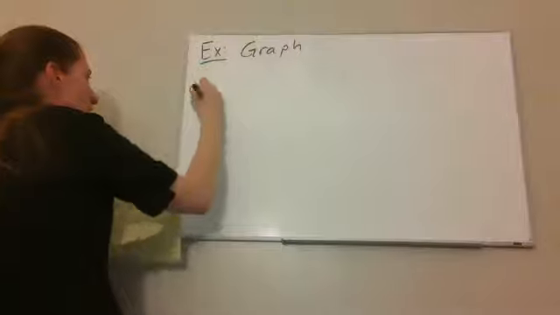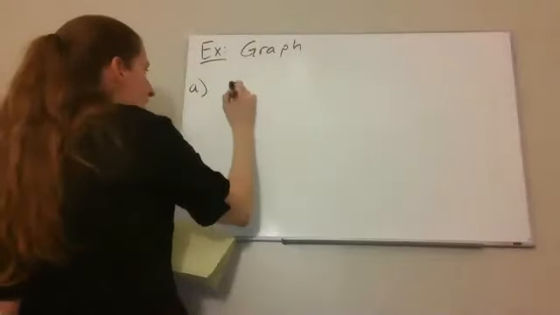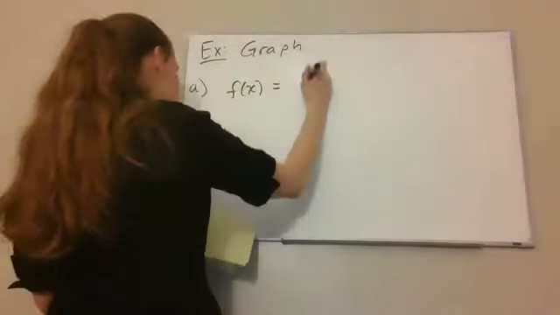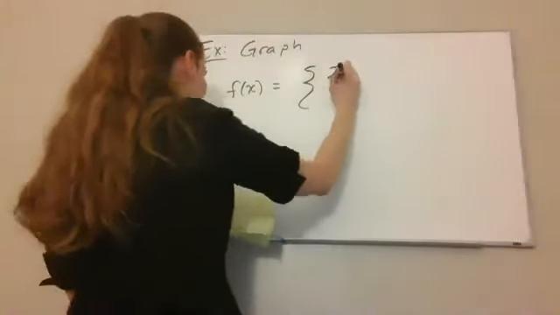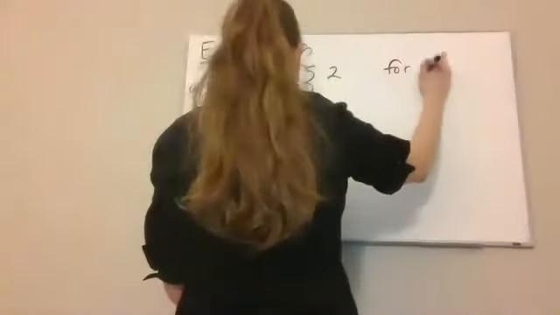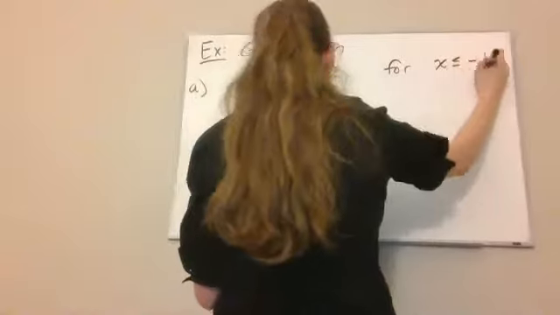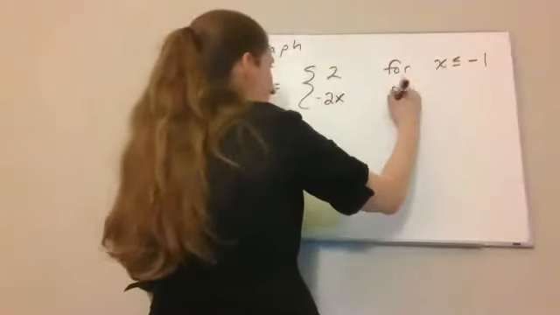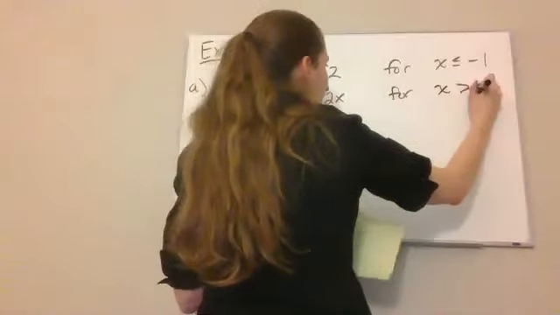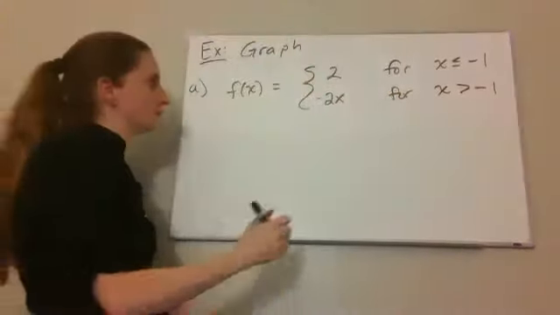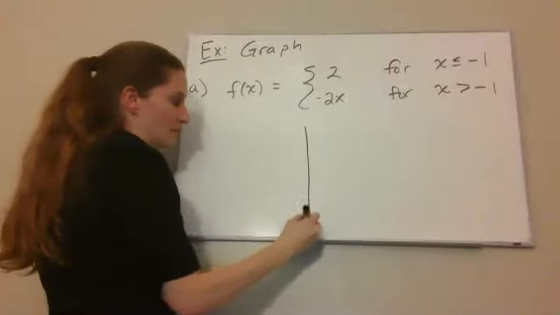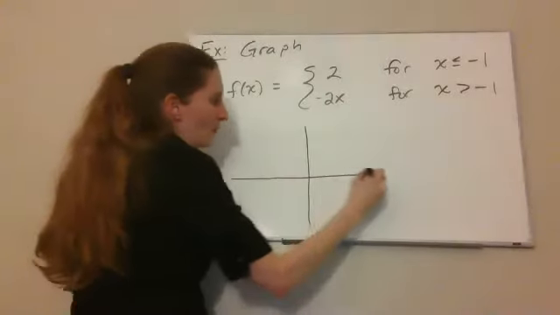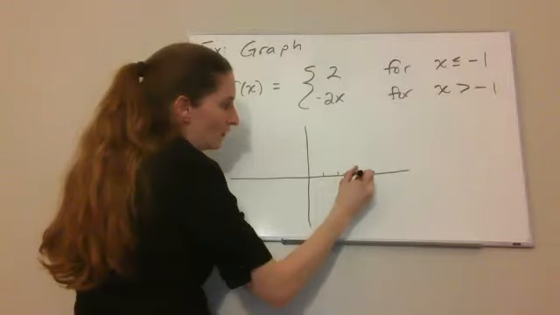We'll start with this first piecewise function, f of x equals 2 for x less than or equal to -1, and negative 2x for x greater than -1. Let me put a grid up here for us.